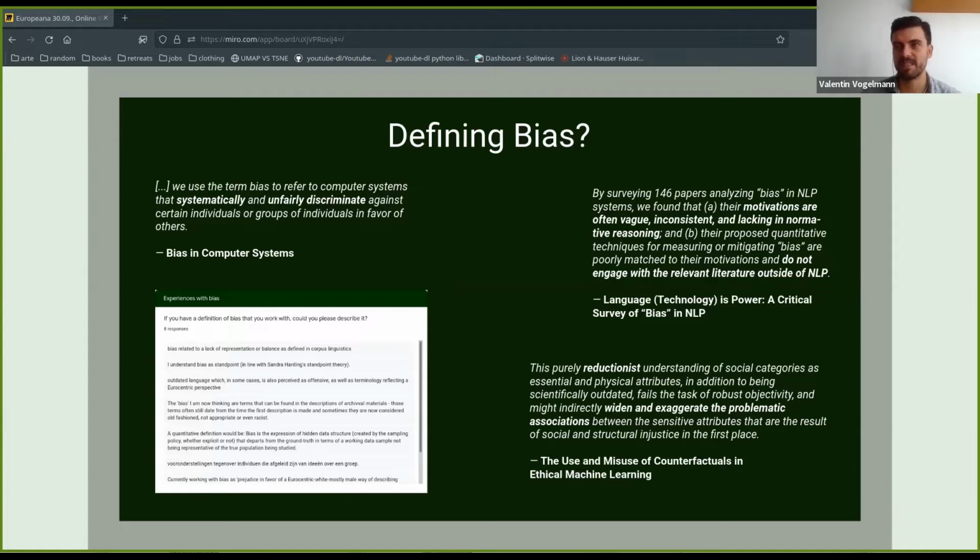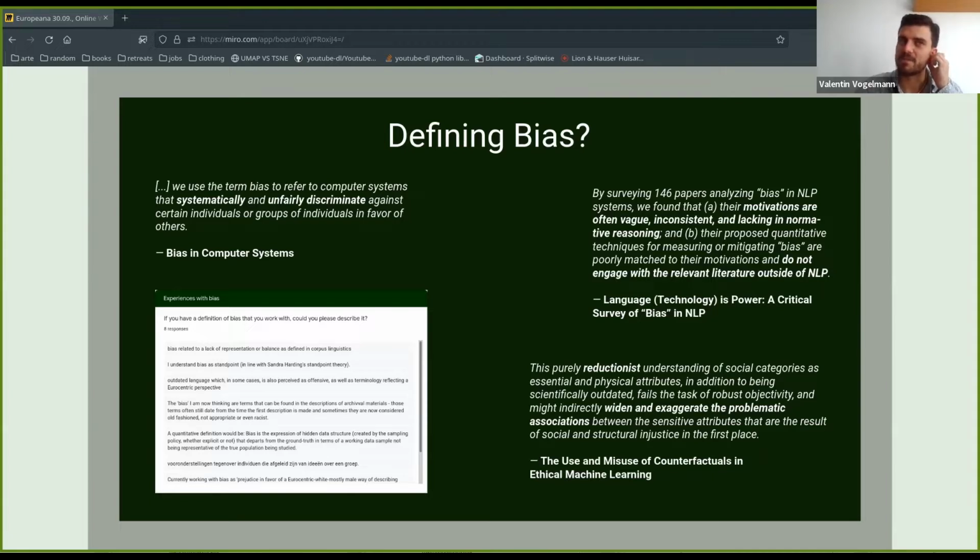So bias, as I said, is quite a hot topic at the moment in AI. In the first paper, Language Technology is Power, written in 2020, they had already found 146 papers that were just on bias in natural language processing, which is quite a lot.